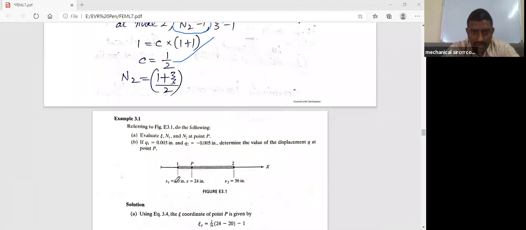Node 1 is located at 21 inches, node 2 is located at 36 inches from the origin. P is an arbitrary point located 24 inches from the origin. In this problem, first evaluate the natural coordinate j and shape functions N1 and N2 at the arbitrary point P.